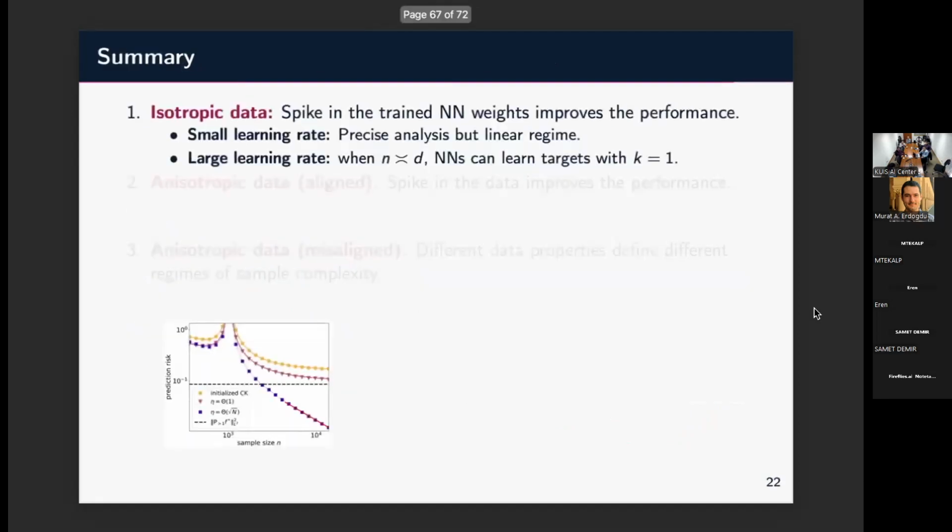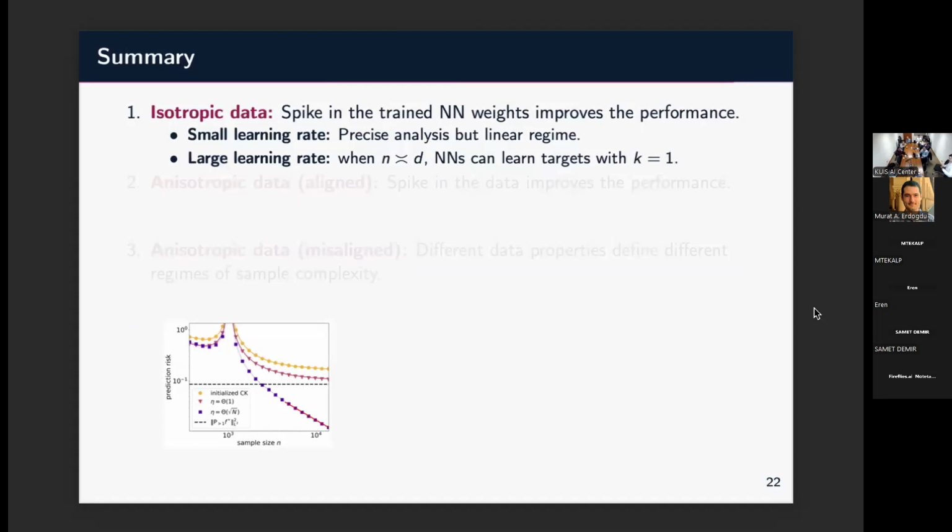So with that, I'll summarize what I told you. I told you about three different regimes of data model. Basically, in one, the input has no information about the target. In this case, with small learning rate, we show the precise impact of feature learning. With large learning rate, we show that neural networks can beat any kernel methods.